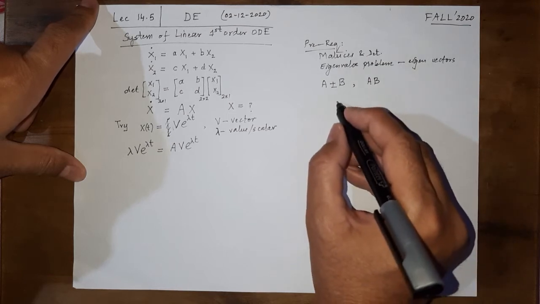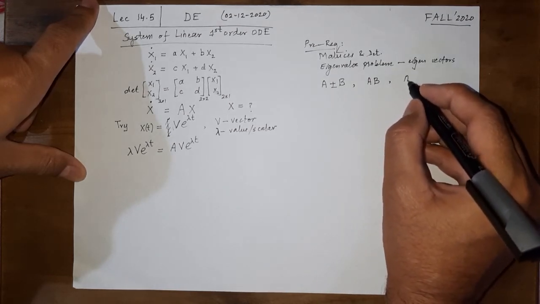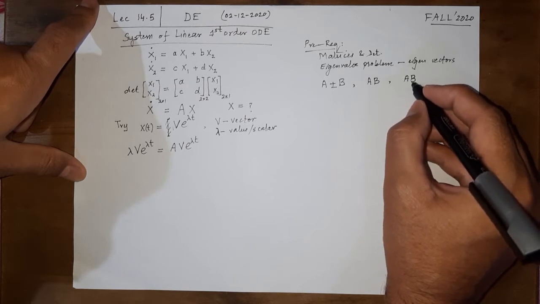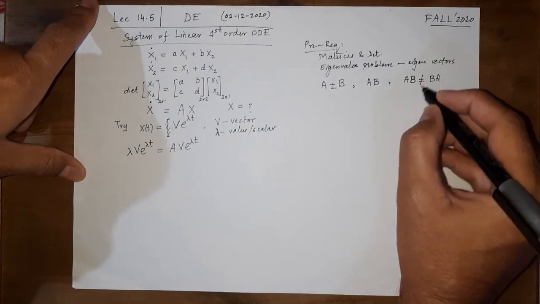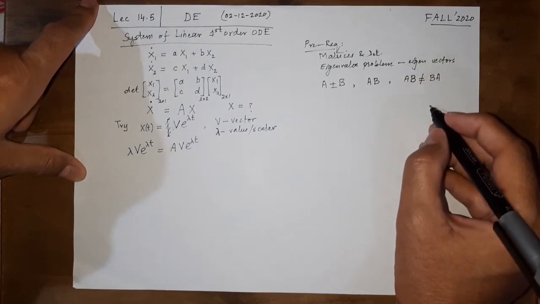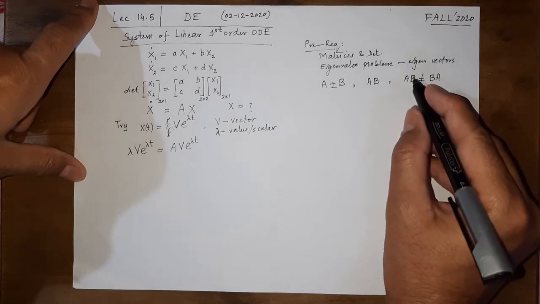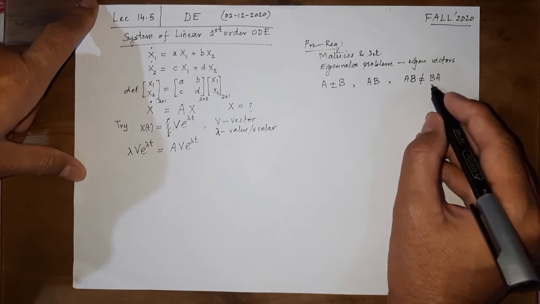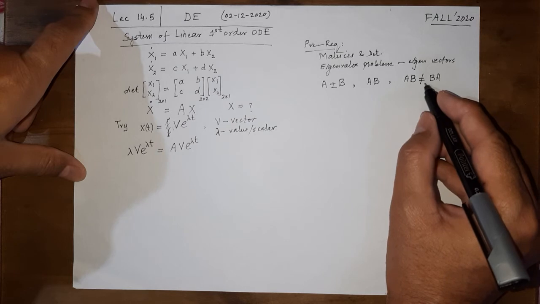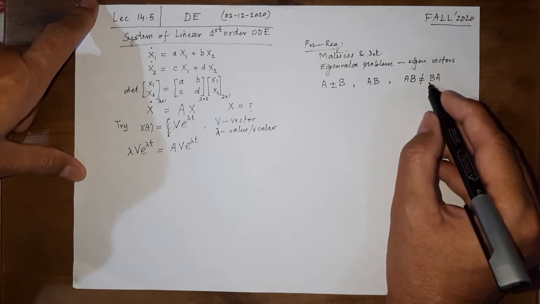You can revise this, but what I wish you to remember right now is that the multiplication of two matrices is not commutative. So A on the left hand side and B on the right hand side, and B on the left hand side and A on the right hand side may not be the same thing, and may not even be possible.